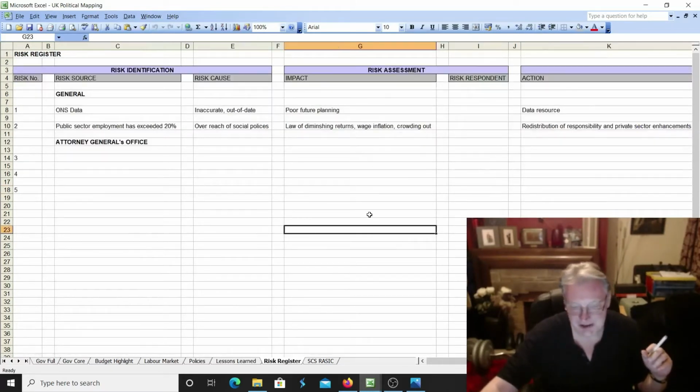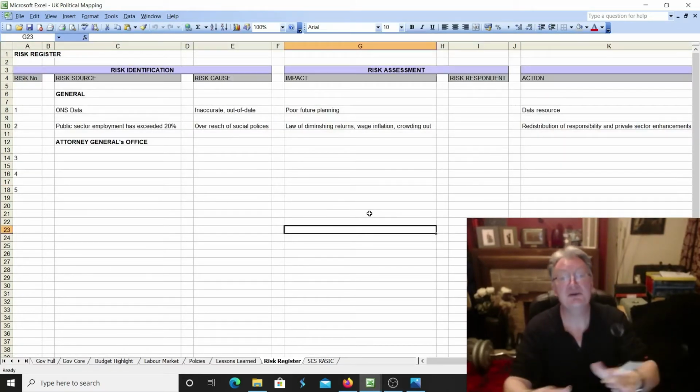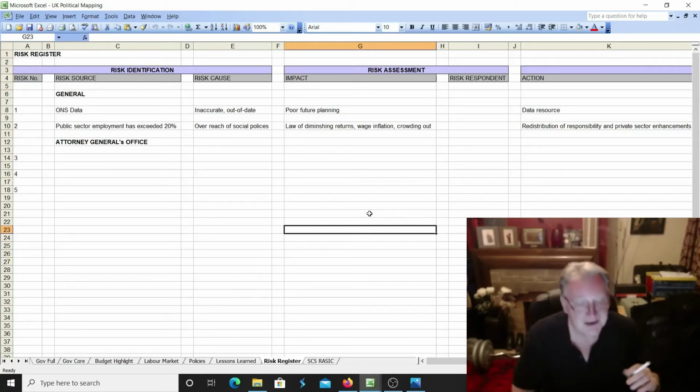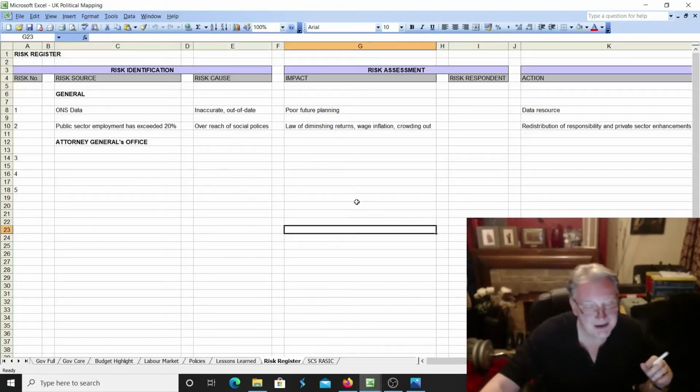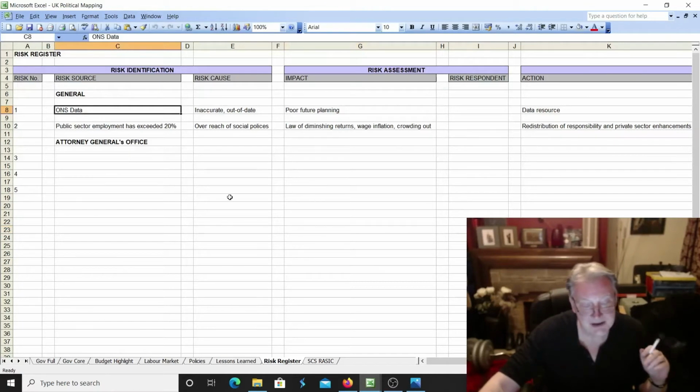The risk register, so it's slightly more attractive in appearance. Obviously I've spent a little bit more time on just the attractiveness and less on the actual detail, because there's a few things that I need to put in the Attorney General's office risk register as well. So I've decided to just put some general considerations, just a couple to begin with.